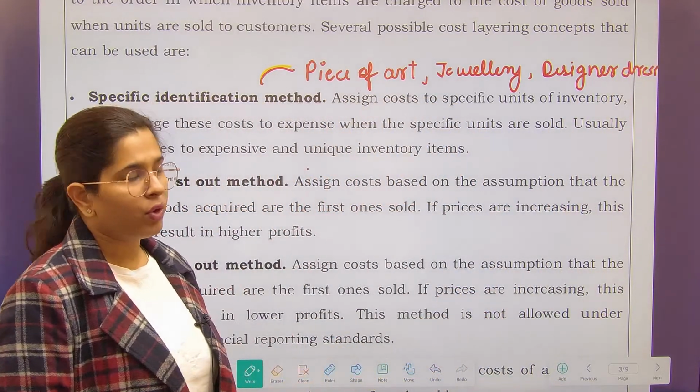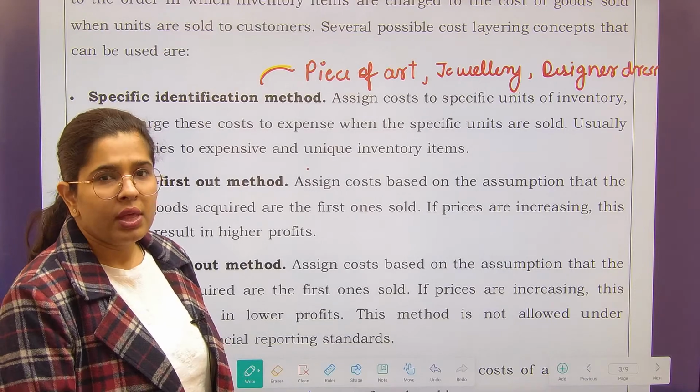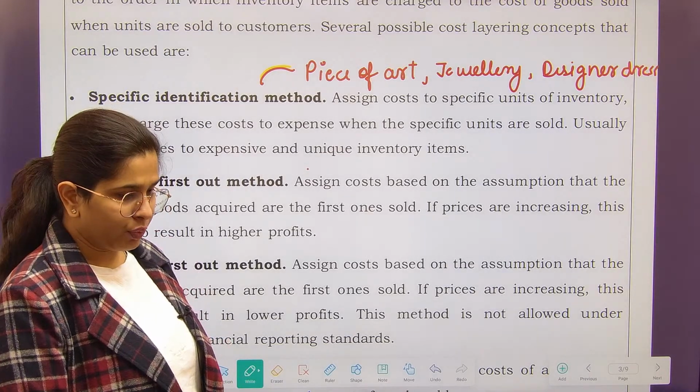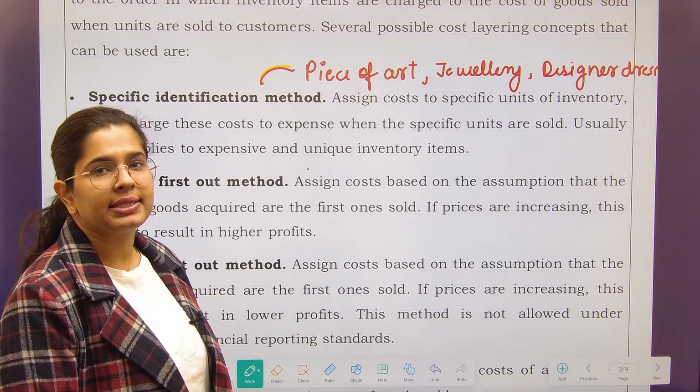In totality, what I want to say over here is, if the inventory which you have produced is separately identifiable.